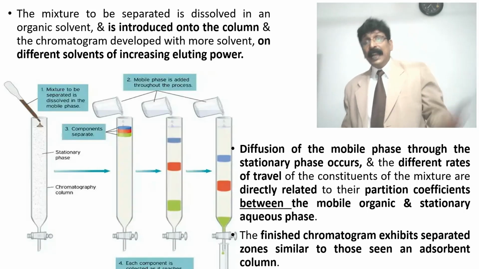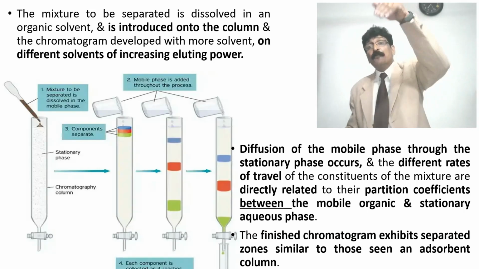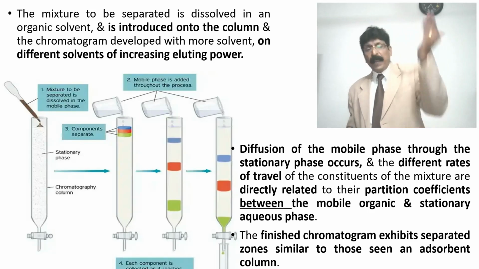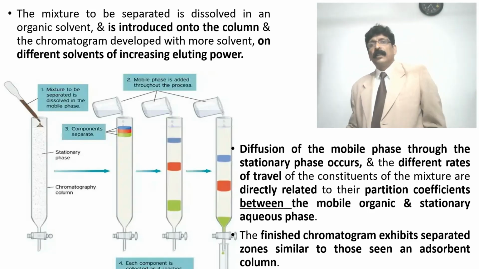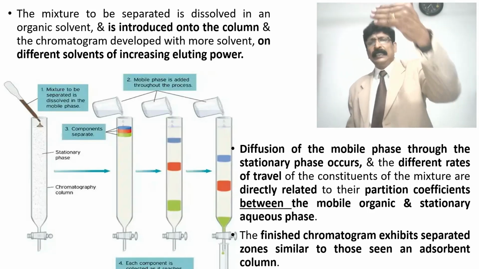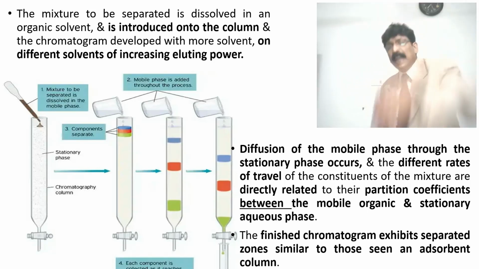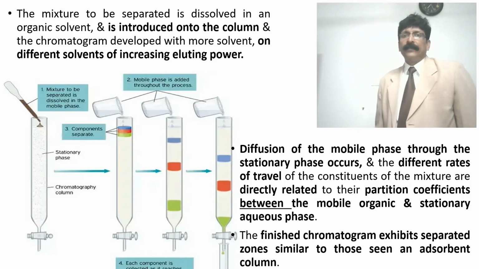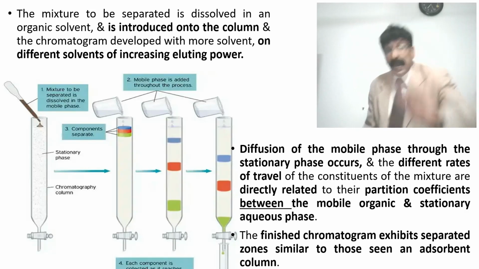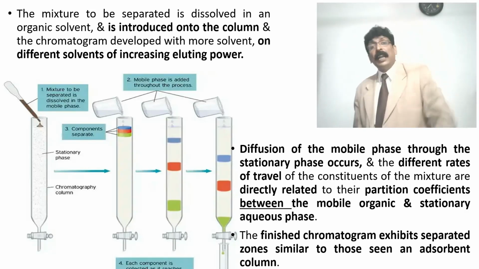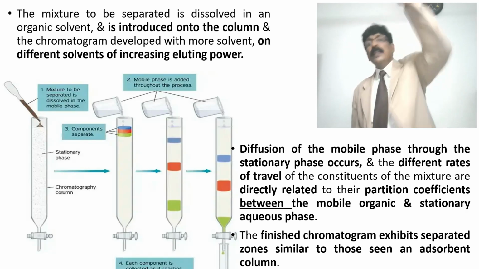Next, if you increase the polarity by changing the solvent system to benzene, slightly increasing the polarity, the compound which is soluble in benzene can be separated. And if you again increase the polarity by passing chloroform, the compound which is soluble in chloroform will be eluted.